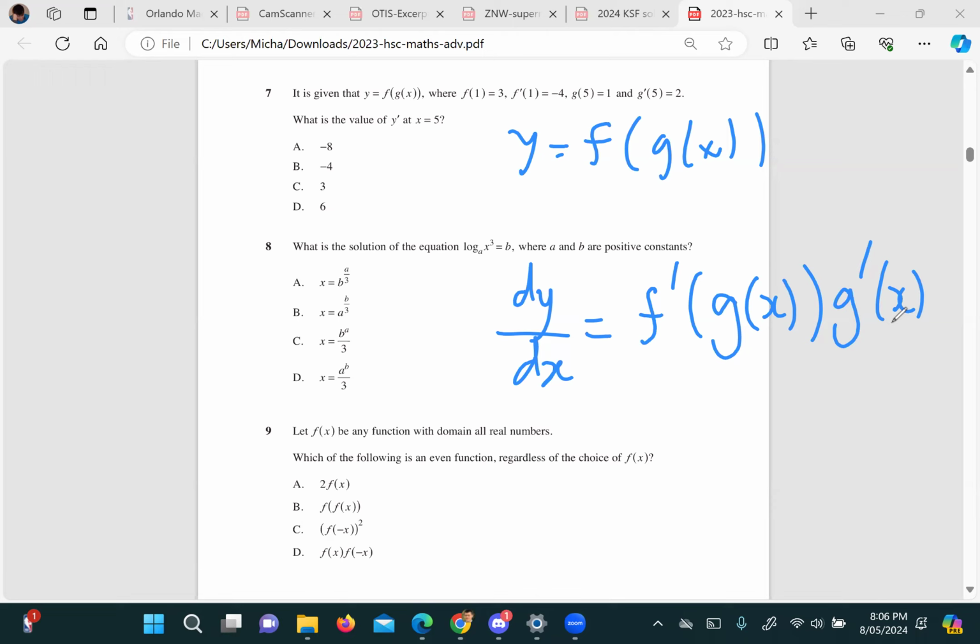Equals 5, right? Because we want to know what x equals 5 gives. Very good. So at x equals 5, this thing equals f prime of g of 5, g prime of 5.